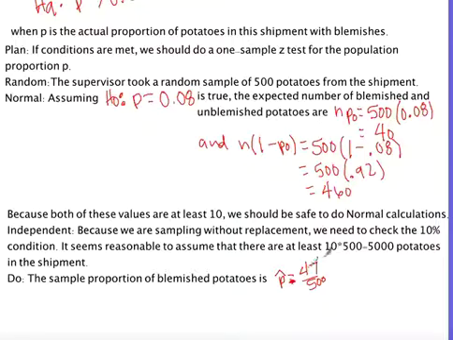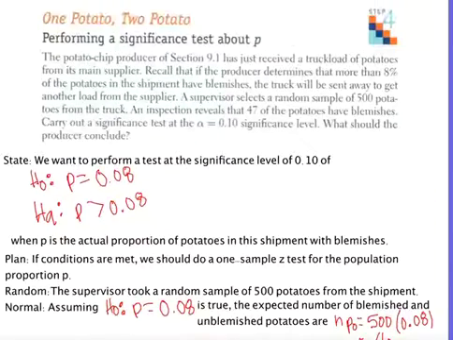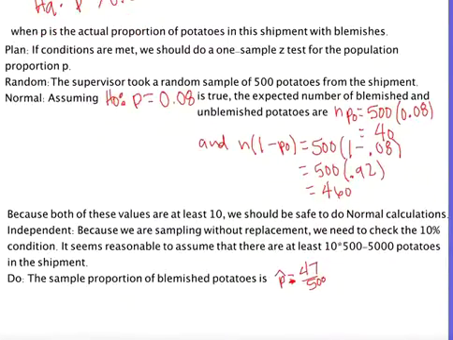So the 47 came from our problem where it says an inspection reveals that 47 of the potatoes have blemishes. So our p hat is going to be 47 out of the total sample, which is 500, and that gives us 0.094.